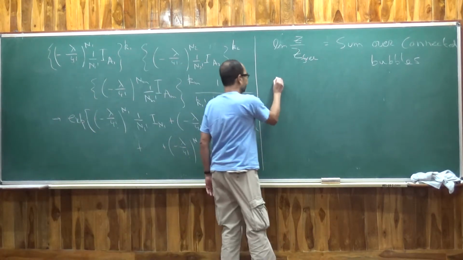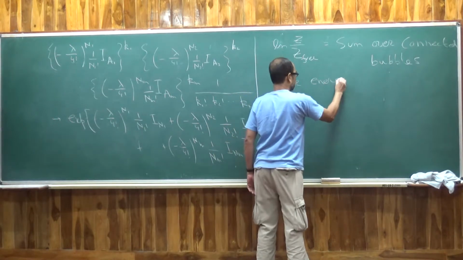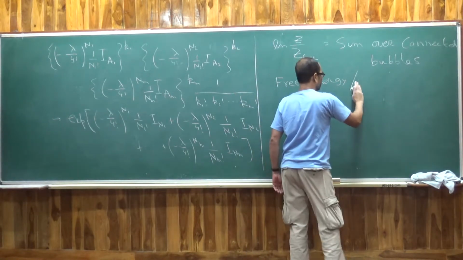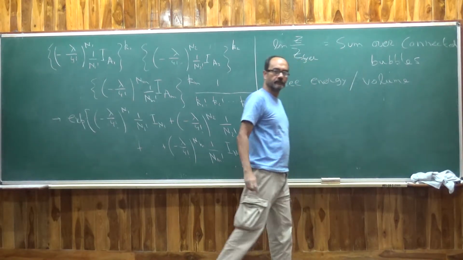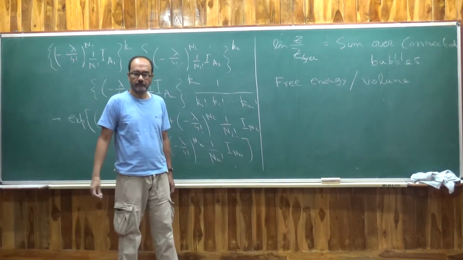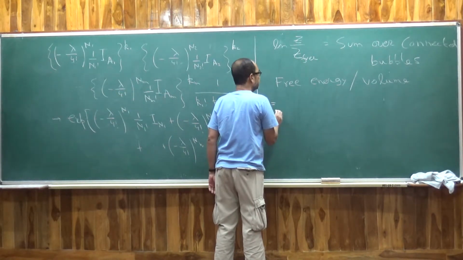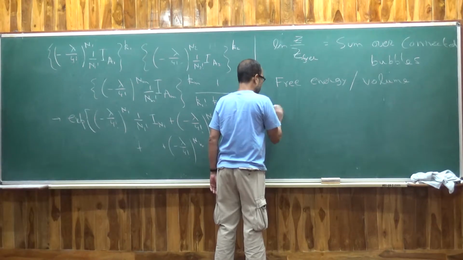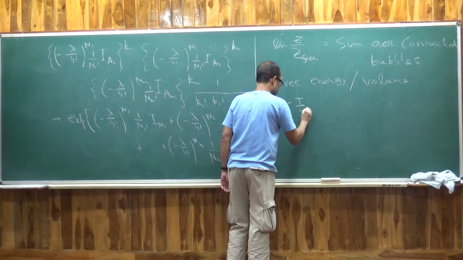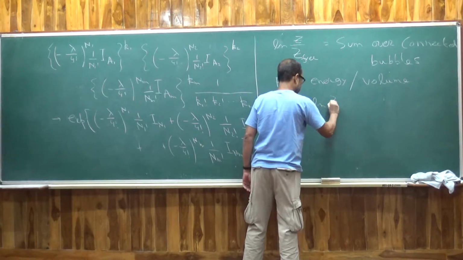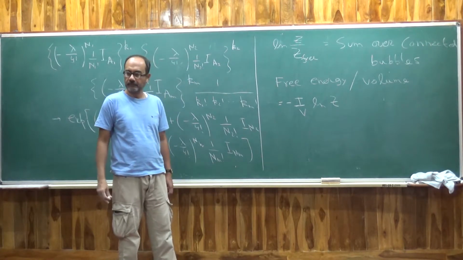So if you want to calculate the free energy per unit volume, this is given by minus T over V log Z. Right?